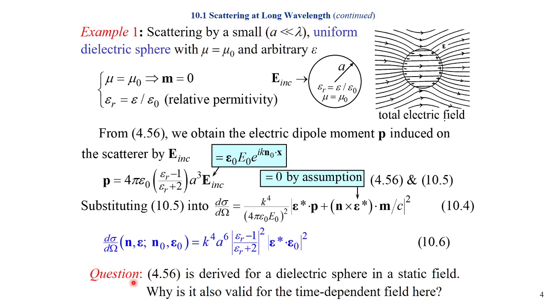Here is the question. 4.56 is derived for a dielectric sphere in a static field. But here it's an AC field, but it is still correct. Why? You can consider this as an extra bonus and send me your answer through email. You get 1 point from here.